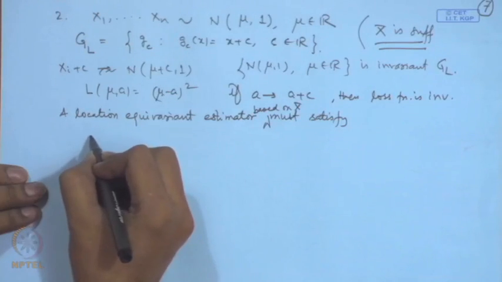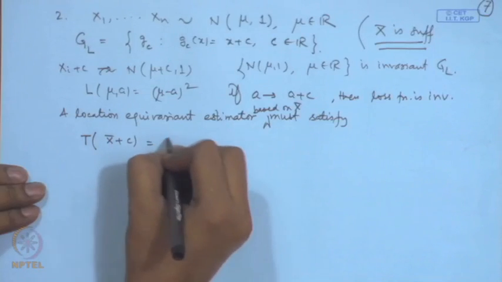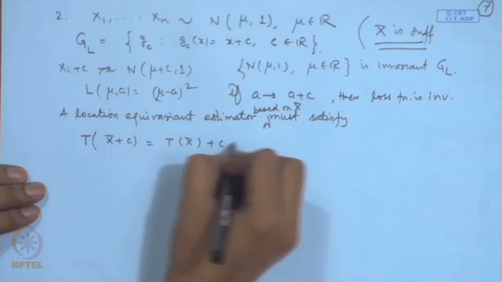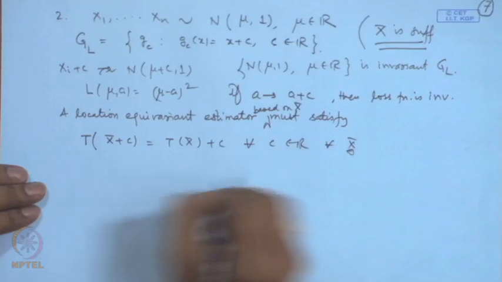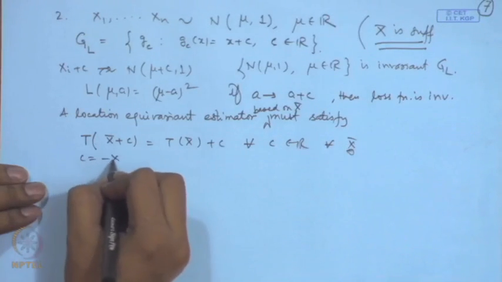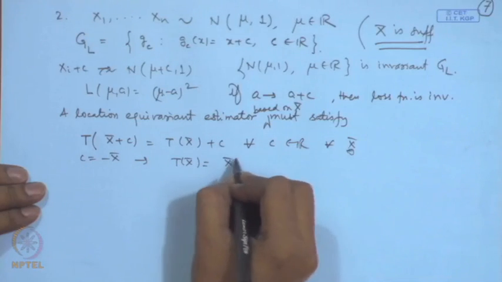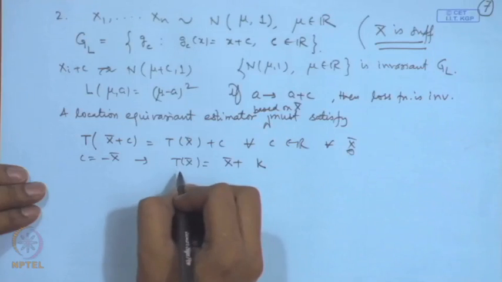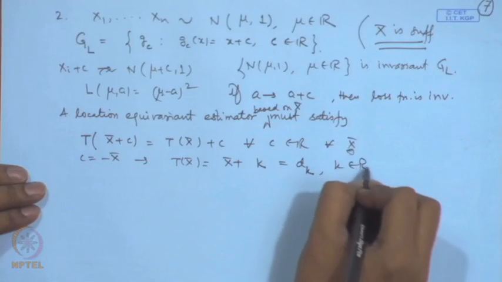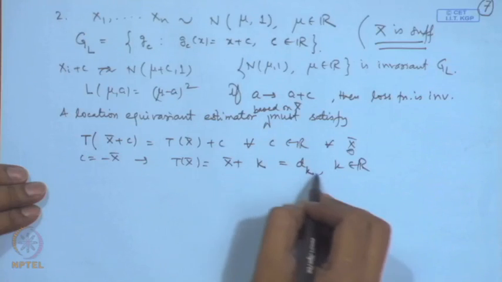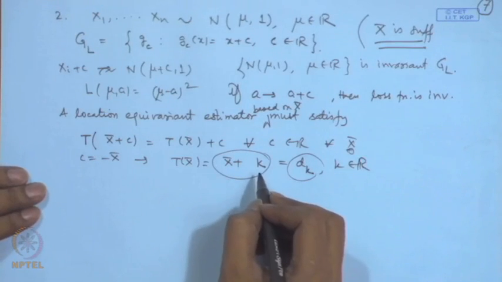So, we will have T(X̄ + c) = T(X̄) + c for all c and for all X̄. So, you choose c equal to minus X̄. So, you will get T(X̄) equal to X̄ plus a constant. So, we call it say d_k, where k is any real number. So, this is the form of a location equivariant estimator, that it is X̄ plus a constant.